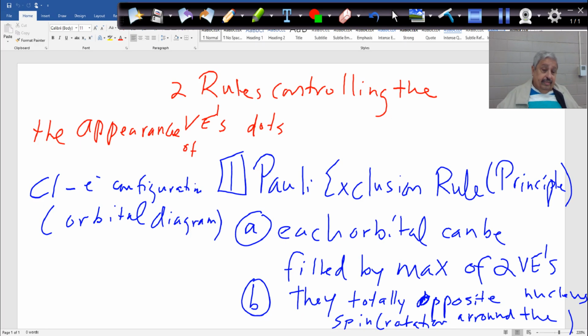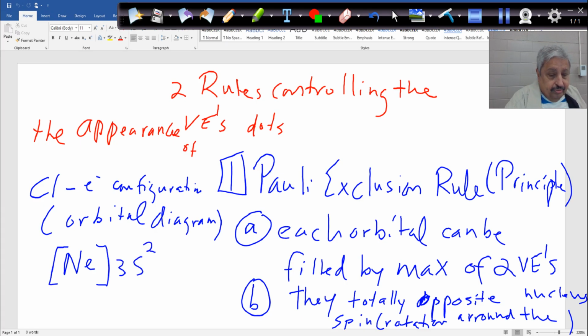So the orbital diagram will tell us, according to Pauli here, first of all, you have to go all the way, chlorine is in the third period. I go all the way to the end of the third period. I go up one will be neon, correct? And it is in the third period, so it will be 3s2, 3p5.